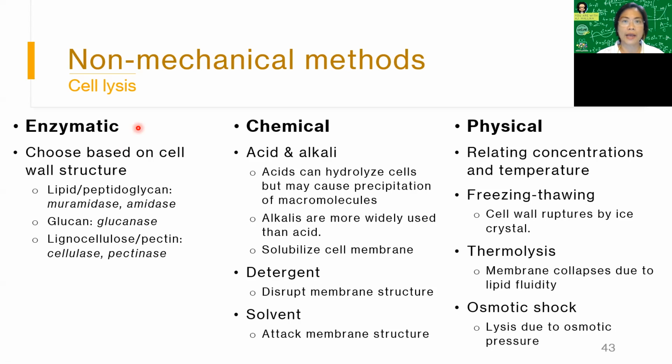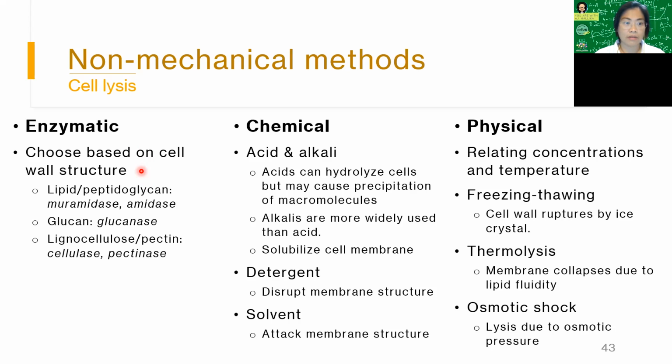We use enzyme to lyse the cell walls or destroy the cell membrane. So basically, the enzyme that we are going to choose if we want to lyse the cell and obtain the intracellular product depends on the type of the cell wall. Different microorganisms have different cell wall structures. So you need to understand the cell wall structure of the microorganism that you want to break.